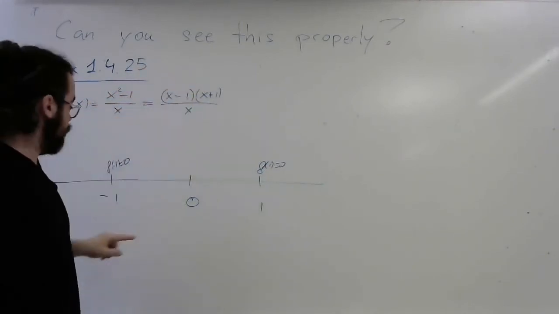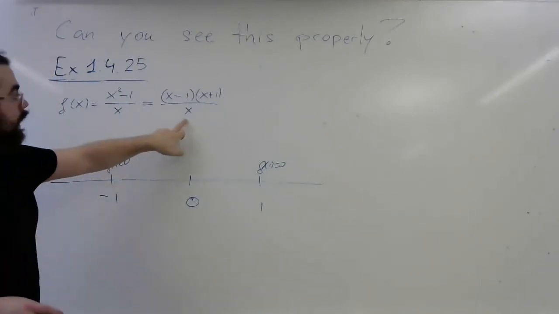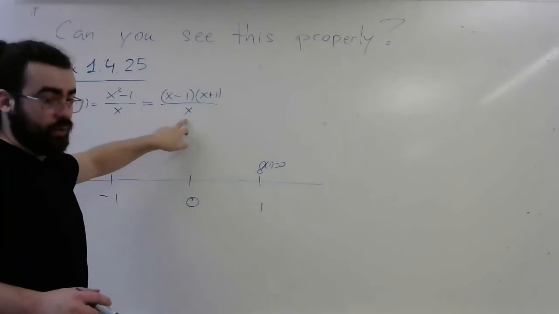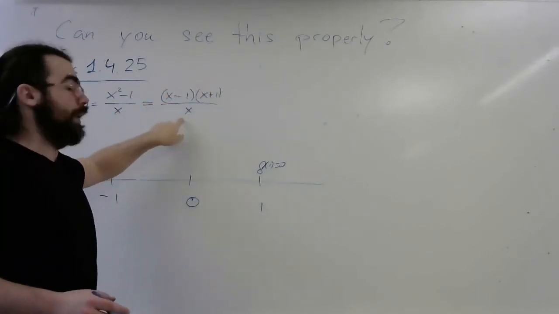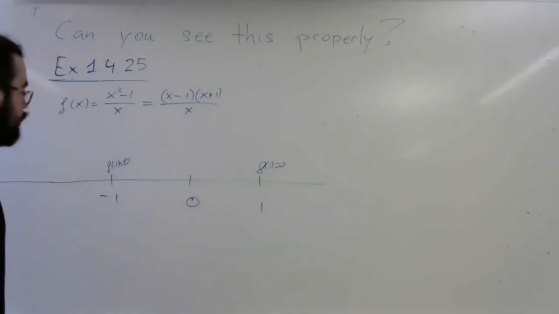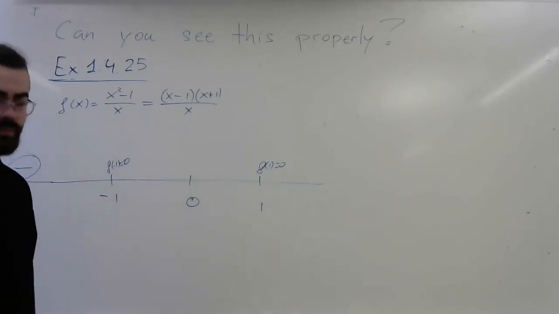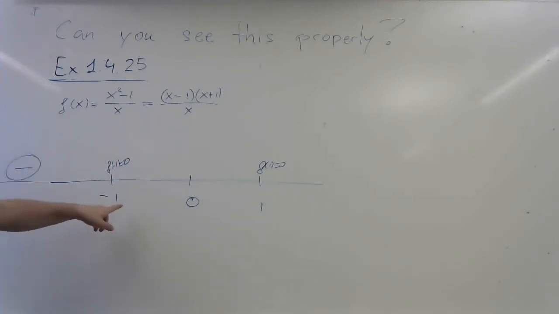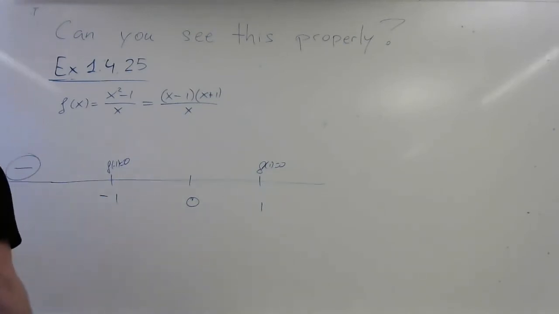X plus 1 is also smaller than 0. And x is smaller than 0. So we have negative times negative, which is positive, divided by negative, which is negative. Now, if x belongs to minus 1, 0, I'm going to note this here.